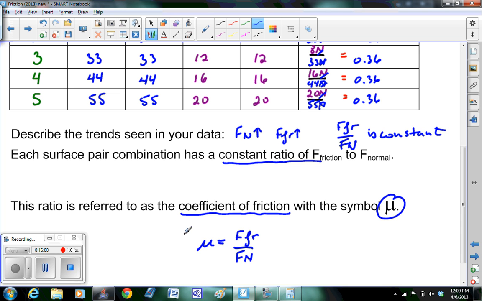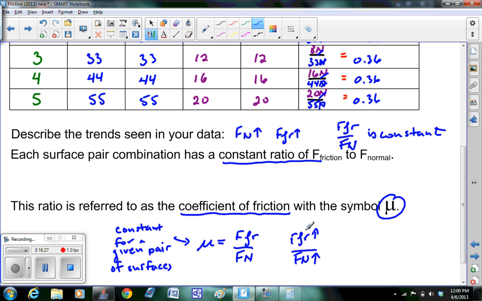Remember, this value is constant for a given pair of surfaces. And the reason is, as the force of friction increases, the force normal increases at a corresponding rate. So this ratio is always constant.